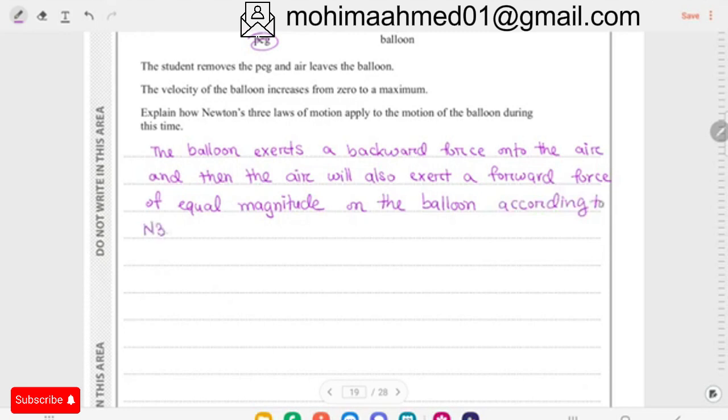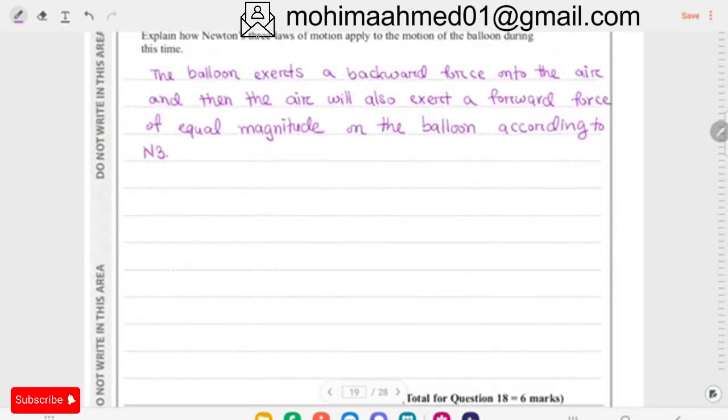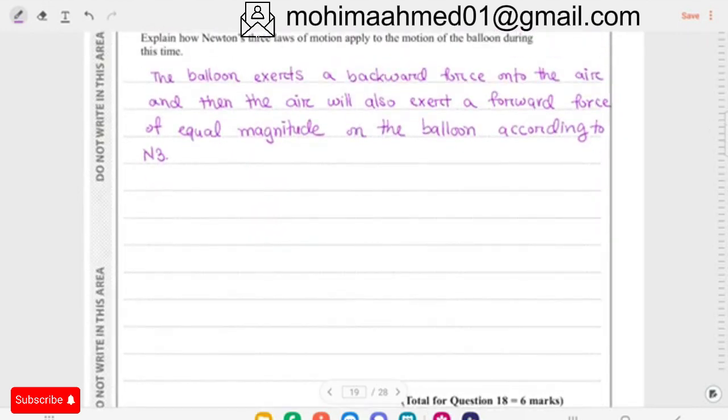I'll just write N3 over here, but I would suggest not writing N3 in your exams. Write Newton's third law. Now again, as we have quite a lot of space and this answer will not take that much space, I'll make a different paragraph to make it look more organized.